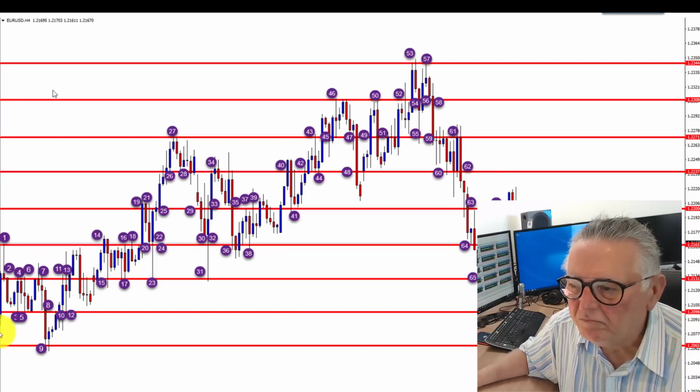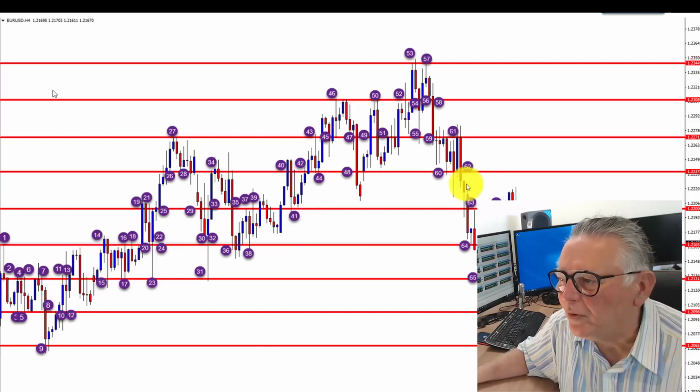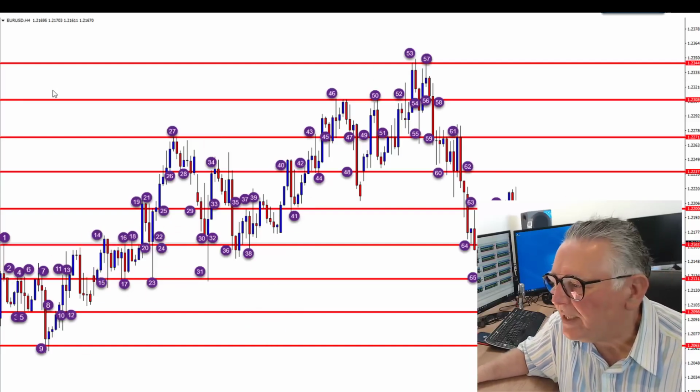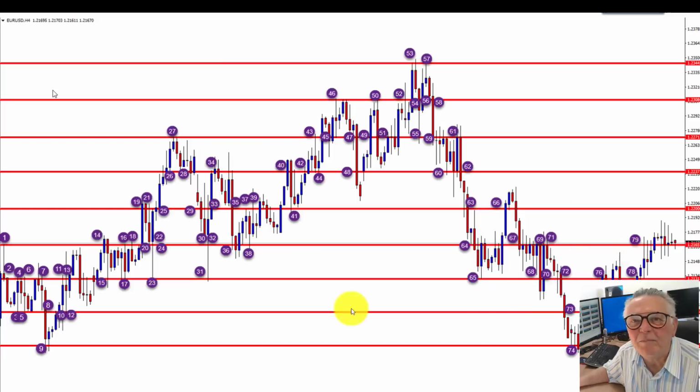And just going through this chart, I'm not going to bore you with the details, but there have been 79 moves. In fact, I missed one, so it must be 80 times that the price has gone from one grid level to another grid level and touched that grid level. So there are 79 times that the price has done that.